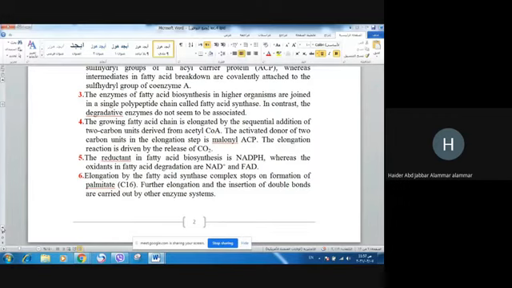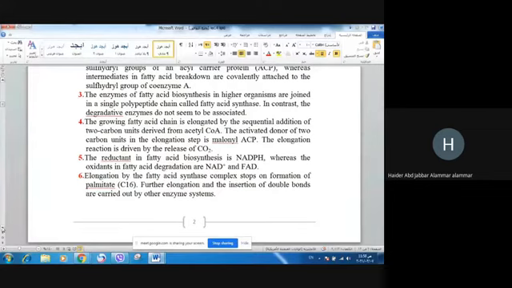The last difference: the elongation by the fatty acid synthase complex stops at the formation of palmitic acid, meaning carbon number 16. Further elongation, the addition of carbon atoms to form long and very long fatty acids, occurs in microsomes, and we will talk later about this process.